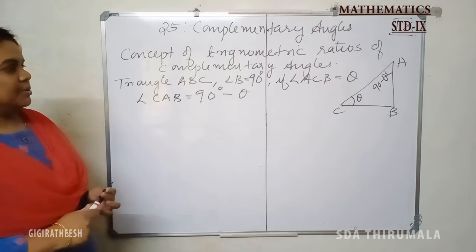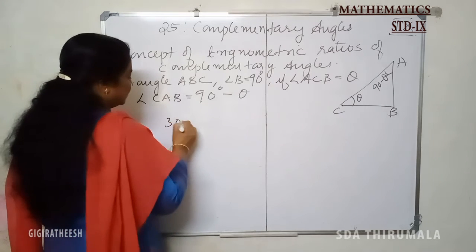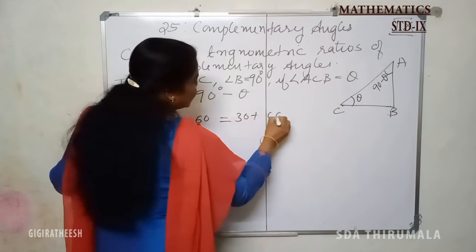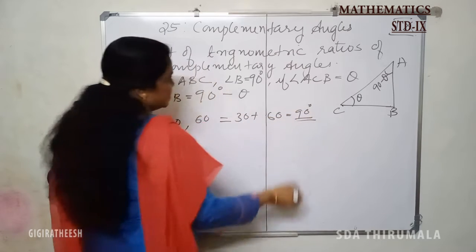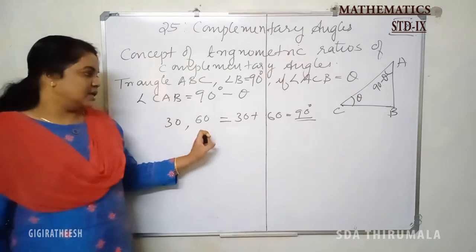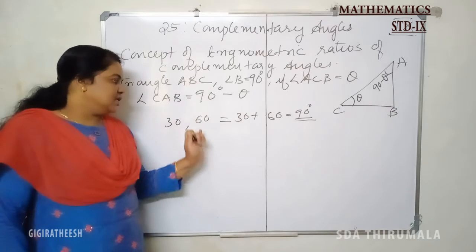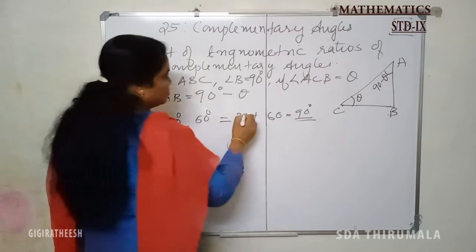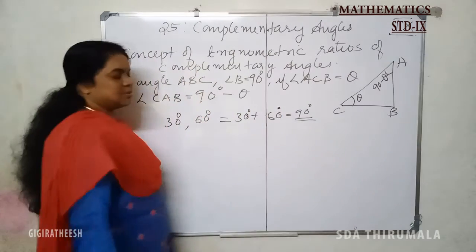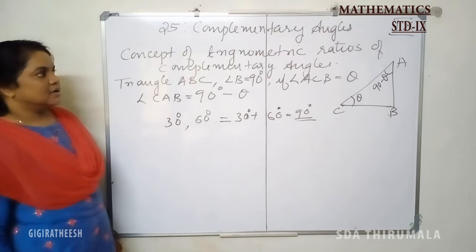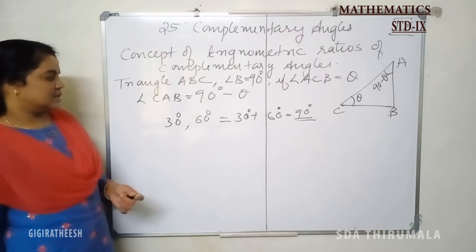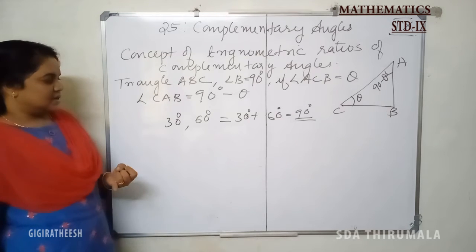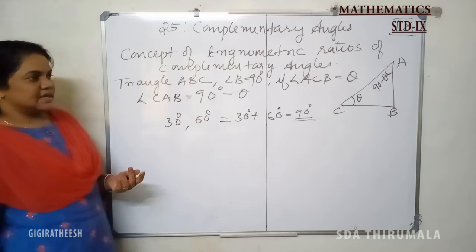For example, 30 and 60 are two acute angles, and the sum is 30 plus 60 equals 90 degrees. So if the sum of two acute angles is 90 degrees, they are called complementary angles. Similarly, 70 and 20, 80 and 10, etc.